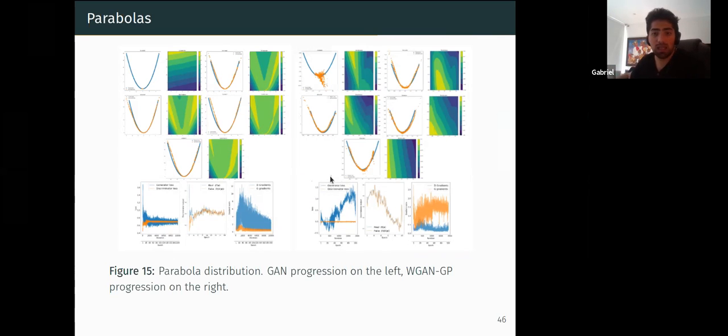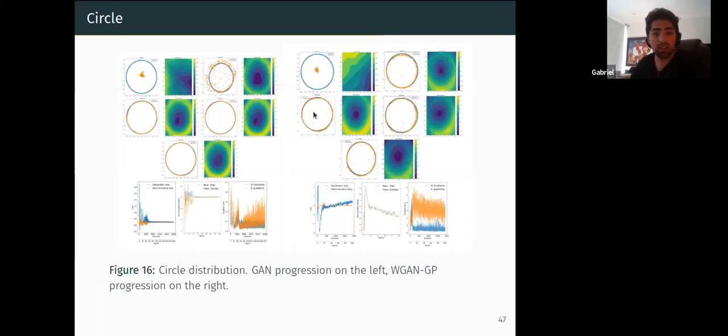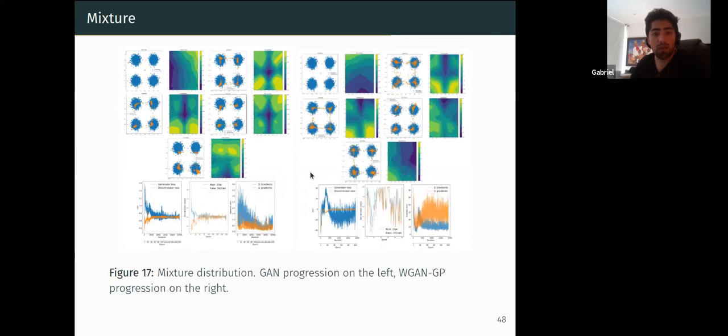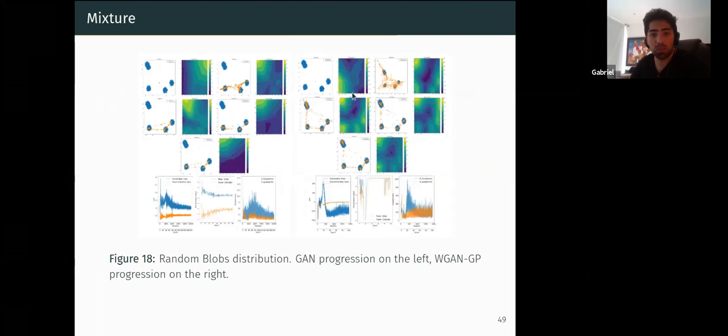In this case, we can see there's not a big difference really. The difference is mostly in these blobs that we see here. Do you remember the slide in which I talked to you about mode collapse?